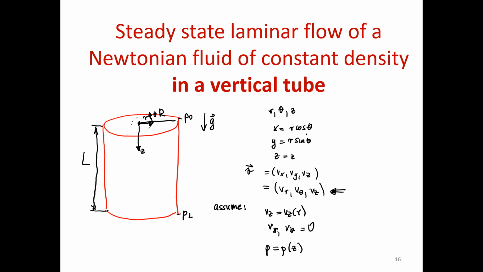So, boundary conditions on the tube wall, the most common ones that help us solve the equation later, are no slip, which means that your velocity moves with the wall. In this case, the wall is static, so that velocity is zero.